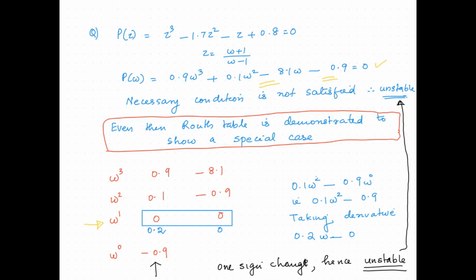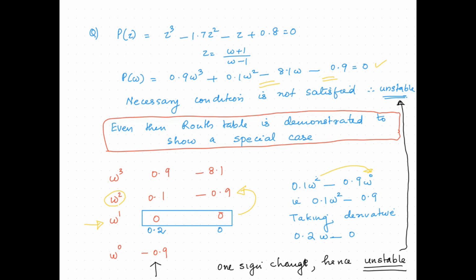So in this case, what we do is we consider the row prior to that. Form a polynomial with the coefficients 0.1 and minus 0.9. So 0.1 W square. Why is it W square? Because the row corresponds to W square. So start with W square. Then the alternate element is W raised to 0.